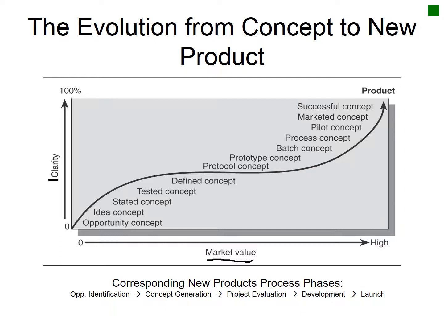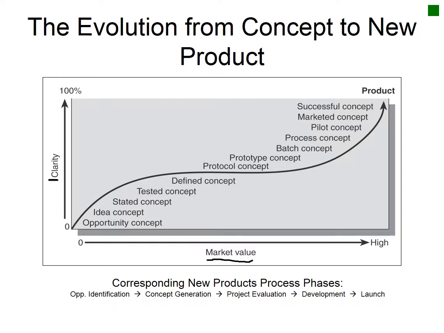So over a period of time, we start with opportunity concepts and idea generation, and then we work through the 5 stages that we've talked about, where we test the product, we do some screening, we do prototype and development work, we start to produce the product, we pilot the concept, we market the concept, and we do the pre-launch activities, and then we launch.